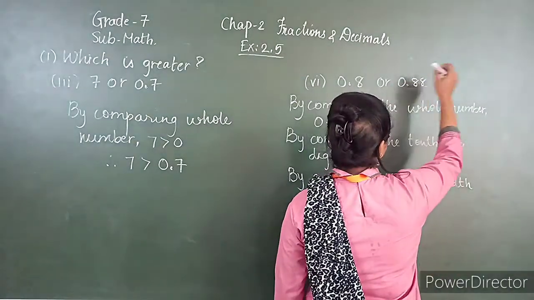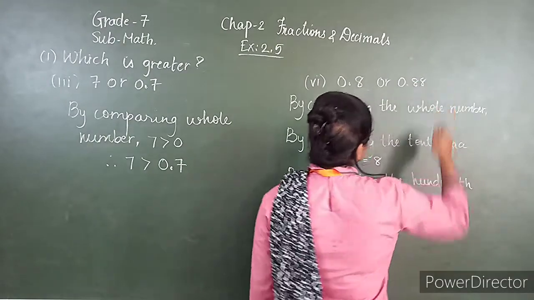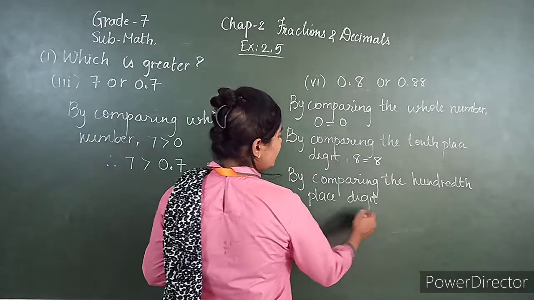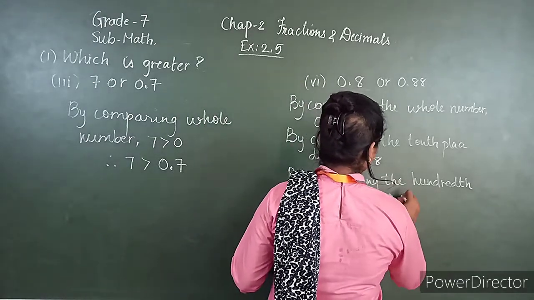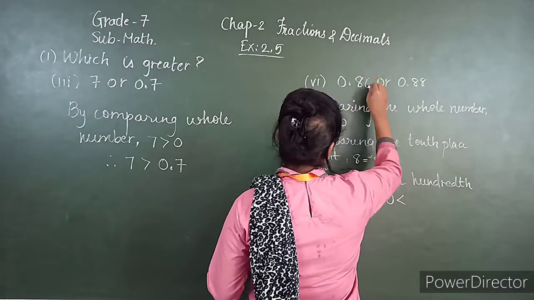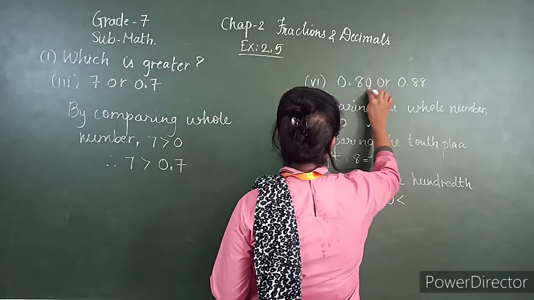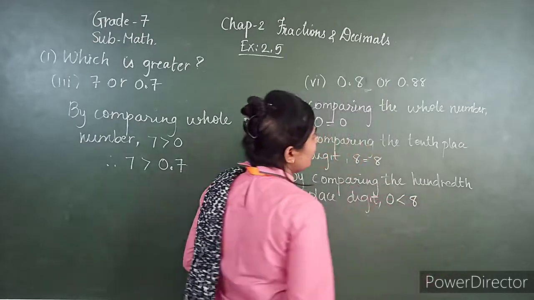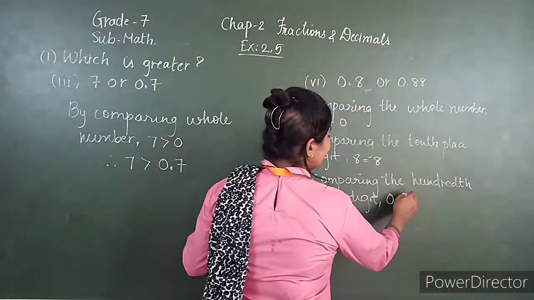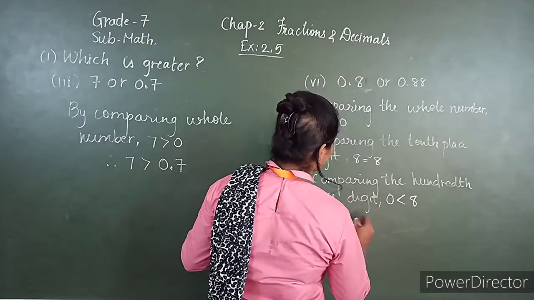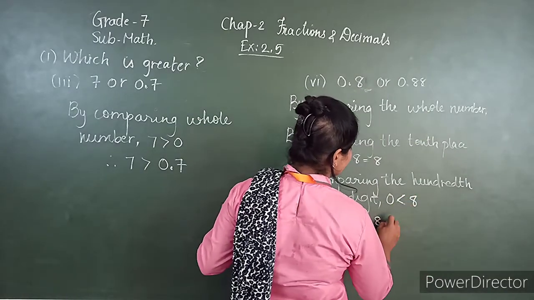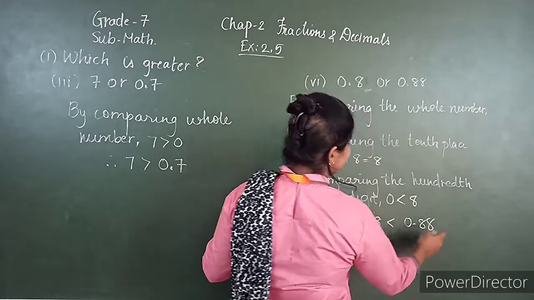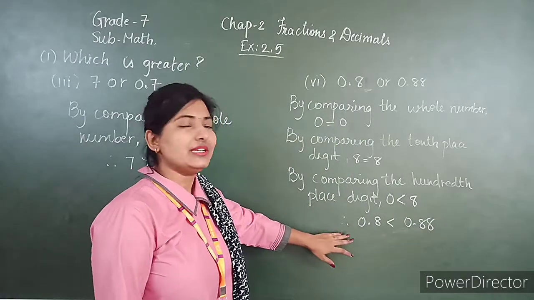And after the point, the third digit is considered as the 1000th place digit. So here 0 is given, and here 8 is given. So 8 is greater than 0. Therefore 0.8 is smaller than 0.88. It means 0.88 is greater than 0.8.